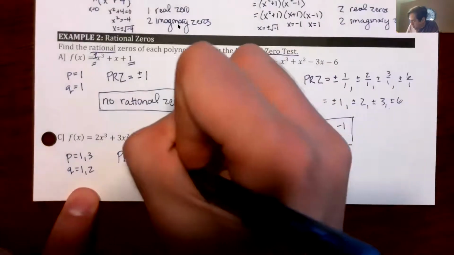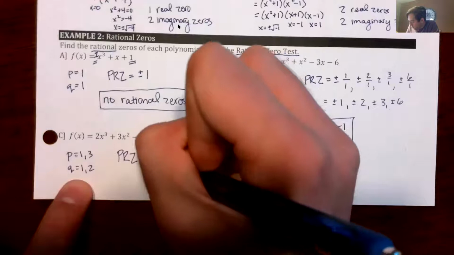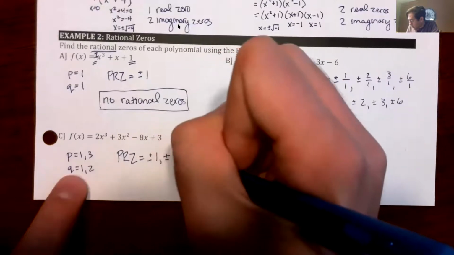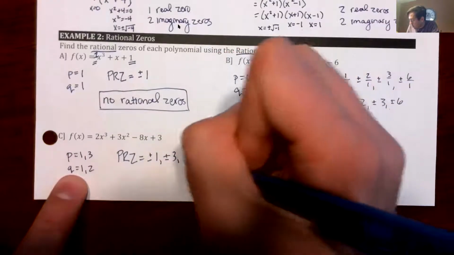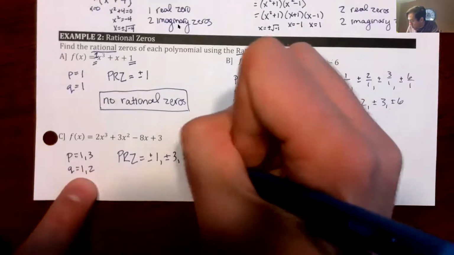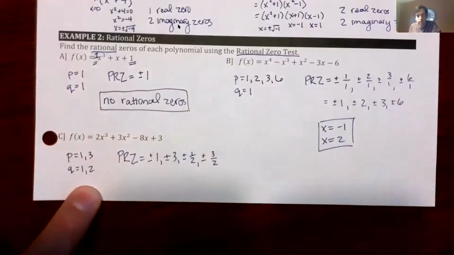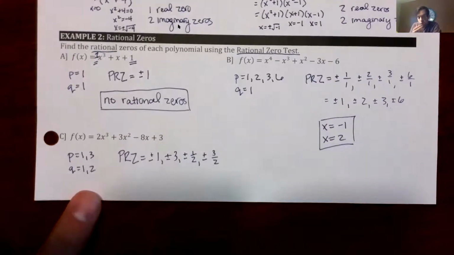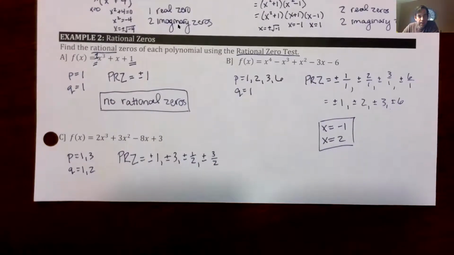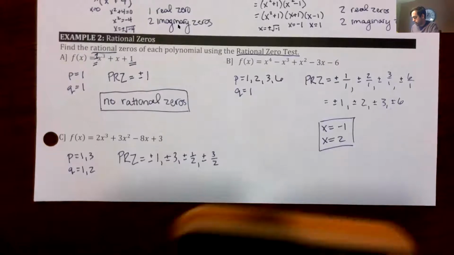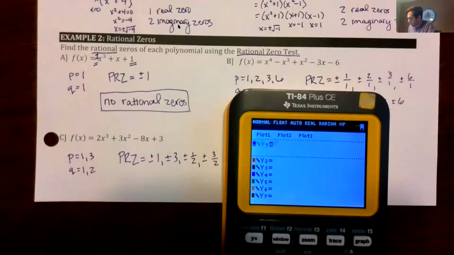So we have plus or minus 1 over 1, plus or minus 3 over 1, plus or minus 1 over 2, and plus or minus 3 over 2. So we're going to take a look at the graph. I'm going to plug in this function.